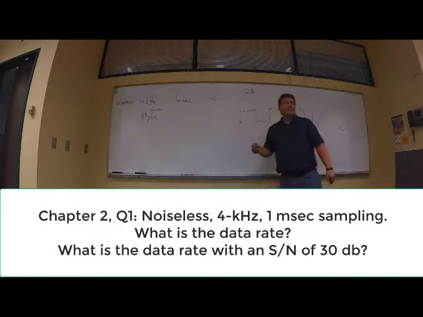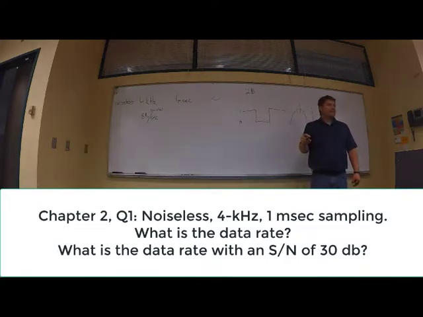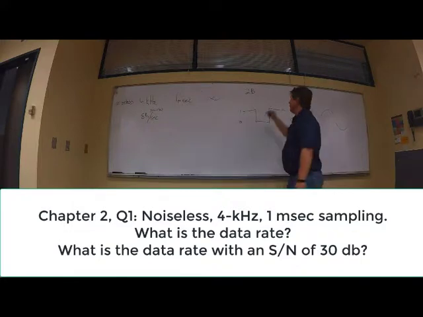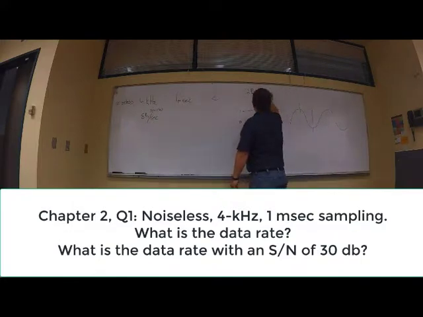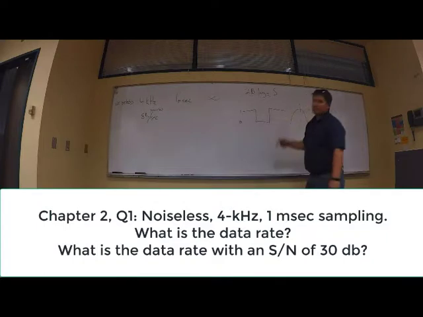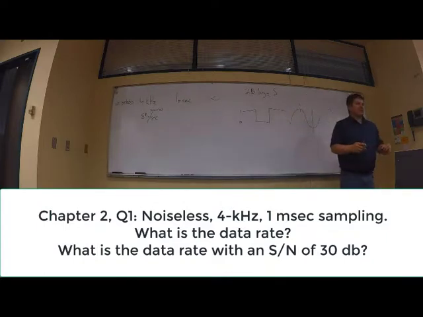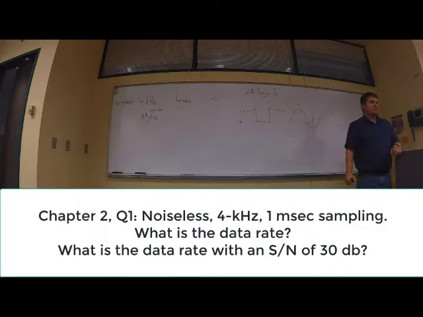And then what? Log 2 of your sample size, right? I think in the book they call it V or something, but we call it S. Because in order to get 2 bits, we have to have 4 levels, right?